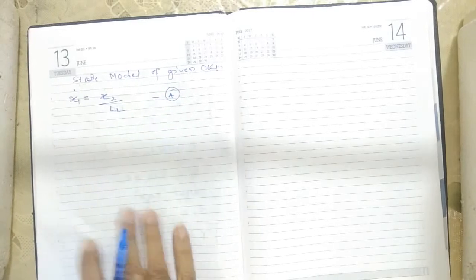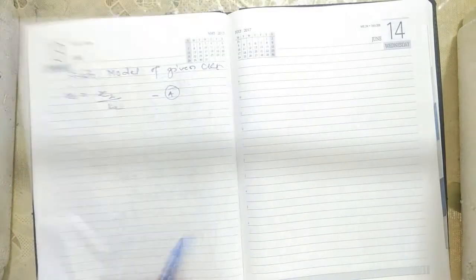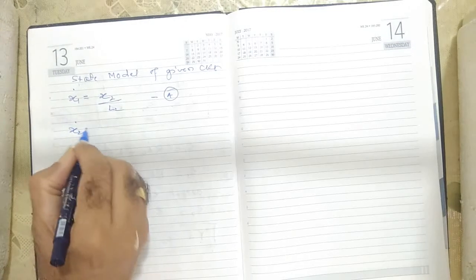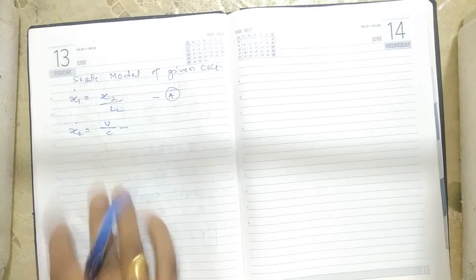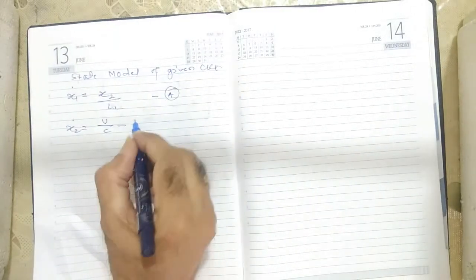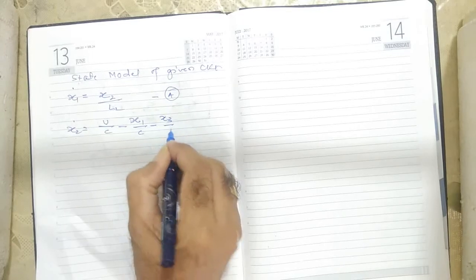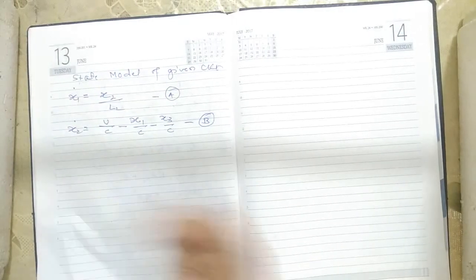This is my equation A. Then x2 dot equals U by C minus x1 by C minus x3 by C. This is my equation B.